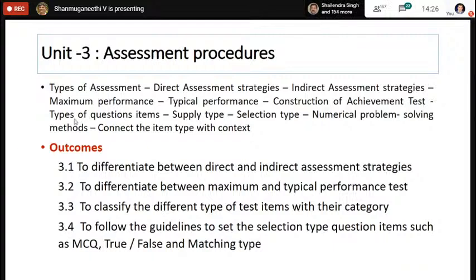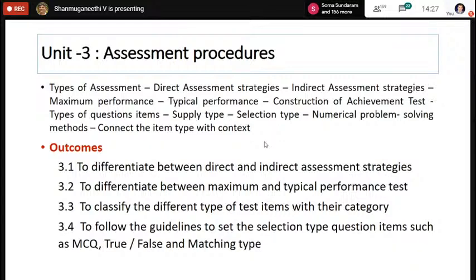Then types of questions, like supply type and selection type. Whether the fill in the blank really can be used at the higher education level: in higher education, we actually have a tool which we have delivered to many engineering colleges, showing how the fill in the blank itself can be considered for a 5 mark question. What challenge can I put into the fill in the blank?